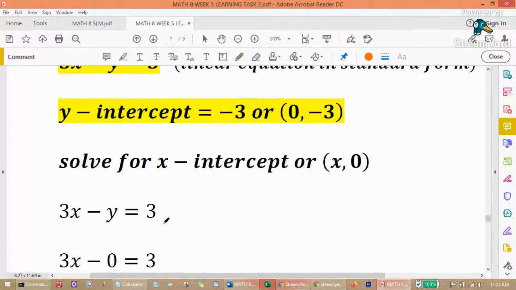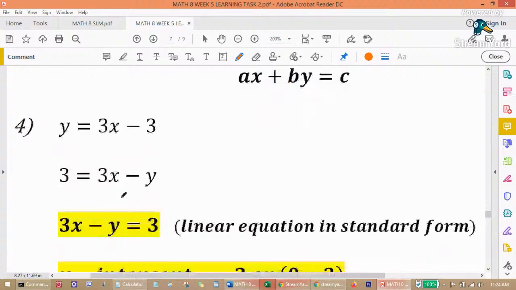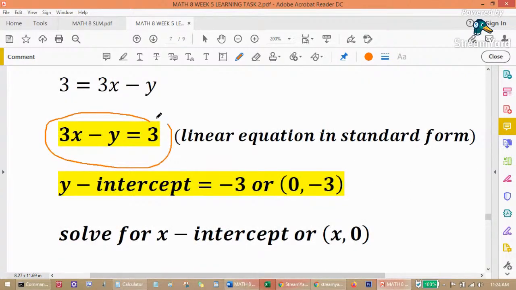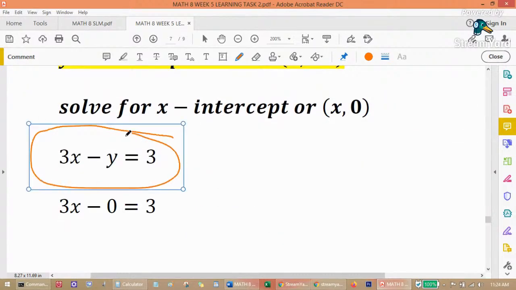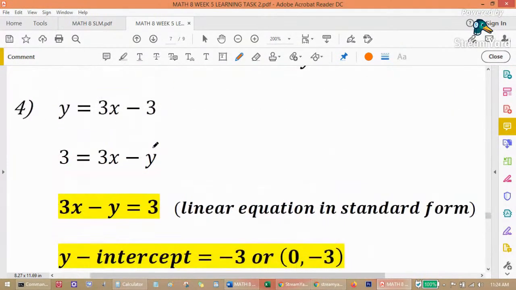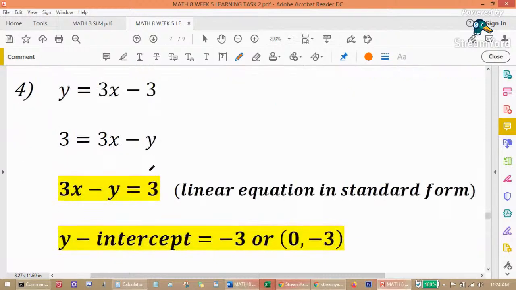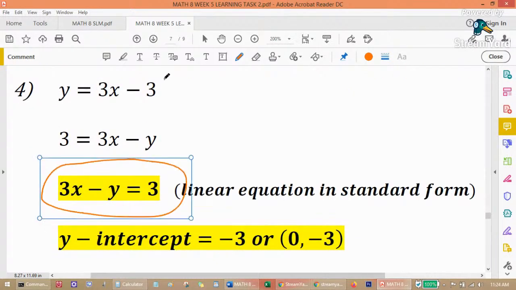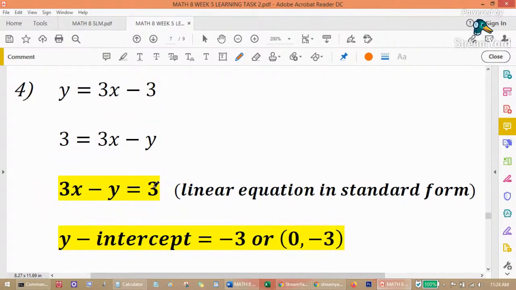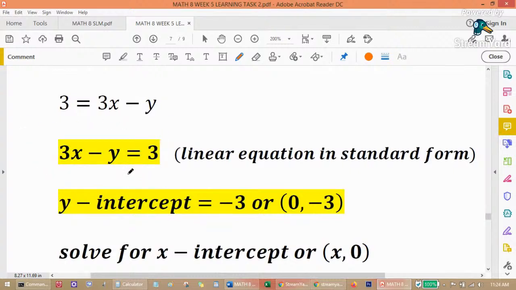Kasi pag ginawa natin 0 to, marami pa tayong gagawin, no? Eh pag dito, okay, so copy natin to. 3x minus y is equal to 3. Pareho rin sa given yan. No? Ito, saka ito, pareho lang yan. So, copy natin to.